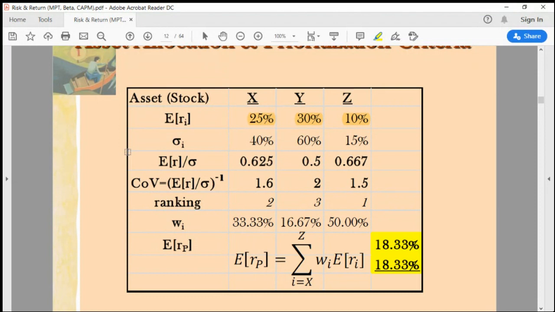So even if you get zero return as the owner, that's only your fault. You can't hold anybody else accountable but yourself, right? So it's not defaulting, but basically risk includes the probability of loss, of course, losing all your money, right?